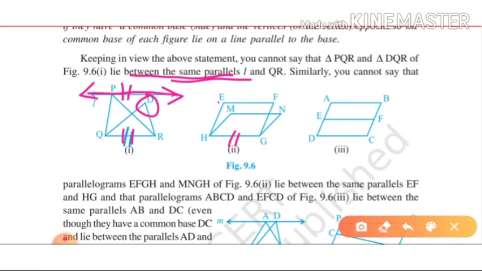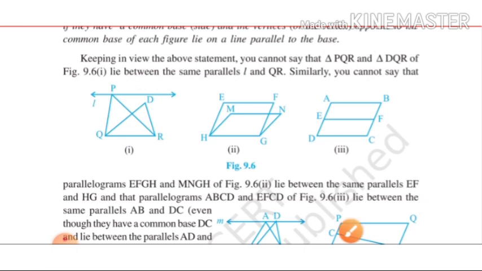Here you can see EF and HG are parallel, but MN and R are not on EF. So we cannot say they lie between the same parallels, but they lie within the region between the parallels.